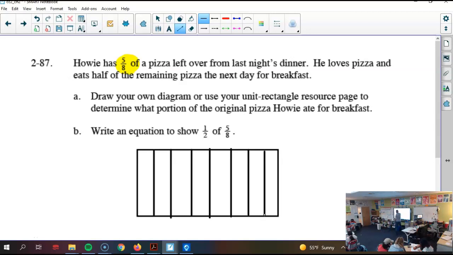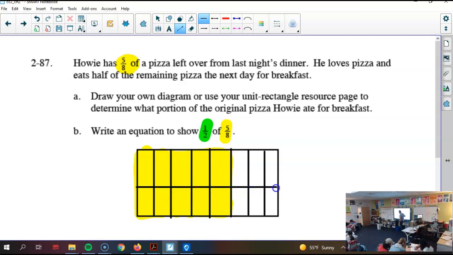If I split this into 8s, how many should I shade? 5. 1, 2, 3, 4, 5. Then we need to do half. So I need to draw another line.